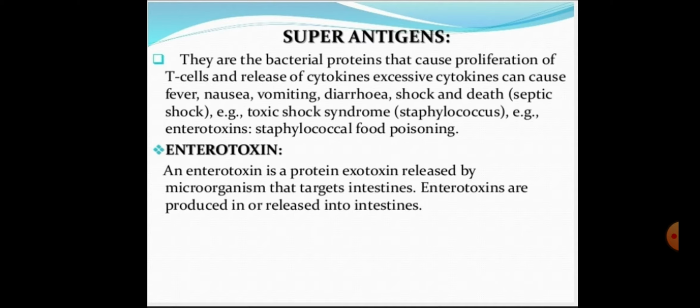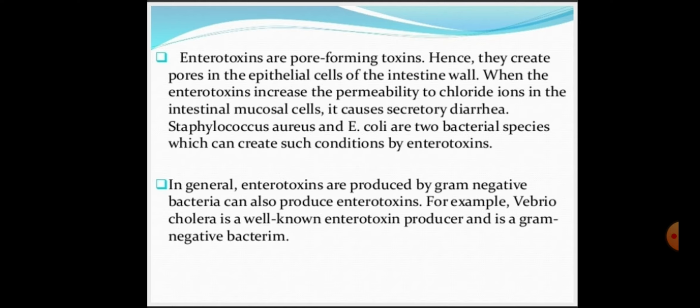Enterotoxins are protein exotoxins released by microorganisms that target the intestines. Enterotoxins are produced in or released into the intestines. These are also pore-forming toxins. They create pores in the epithelial cells of the intestinal wall.